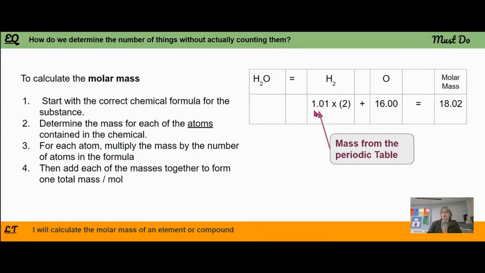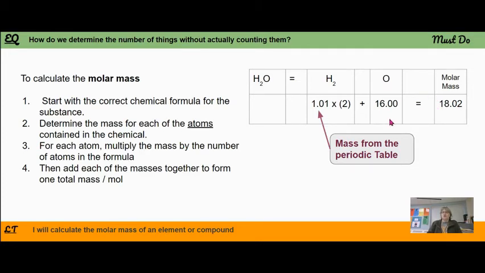Hydrogen is 1.01, and there are 2 of them, so I'm going to multiply by 2. Oxygen has a mass of 16.00, and there's only 1 of them. Then we add them together, so 2.02 plus 16 equals 18.02. That is your molar mass.